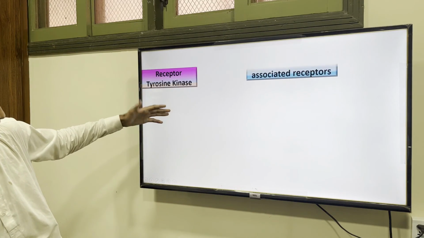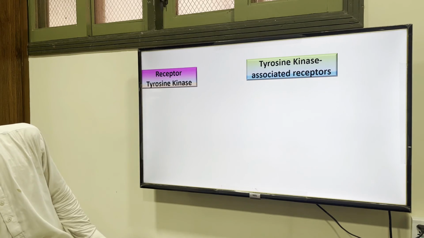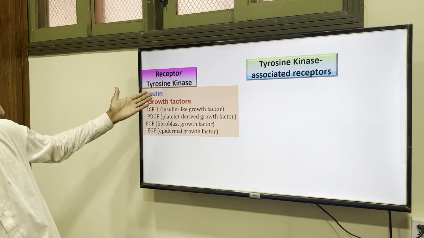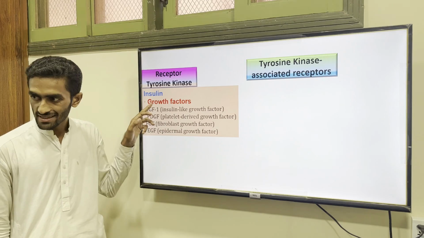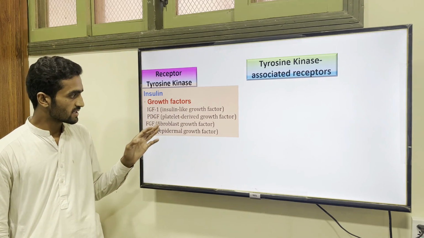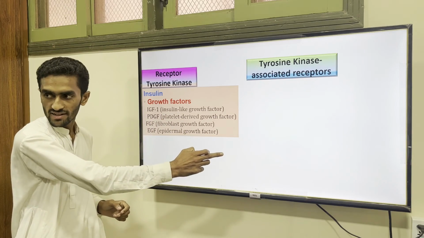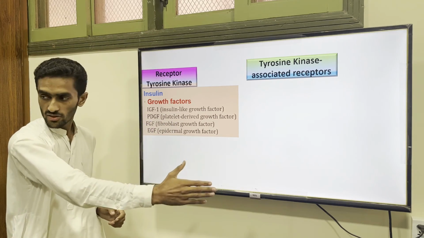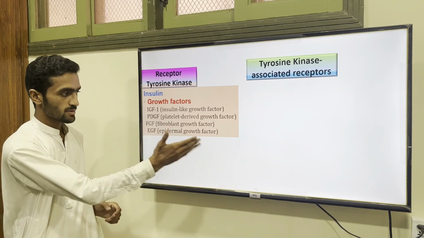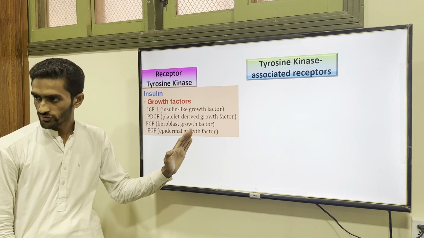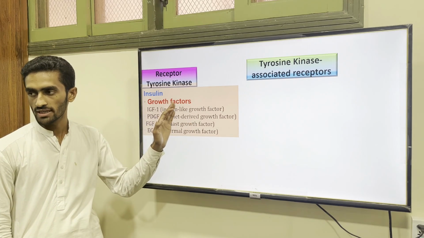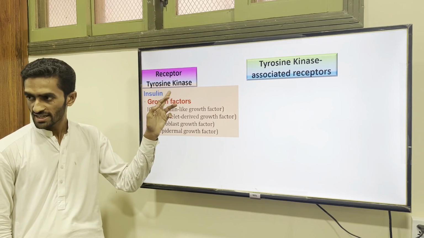Just remember the hormones which use these pathways. The receptor tyrosine kinases are for insulin and the growth factors. An easier way to remember: IGF or insulin-like growth factor, platelet-derived growth factor, fibroblast growth factor, and epidermal growth factor. They are all growth factors. Growth factors and insulin use the receptor tyrosine kinase system.